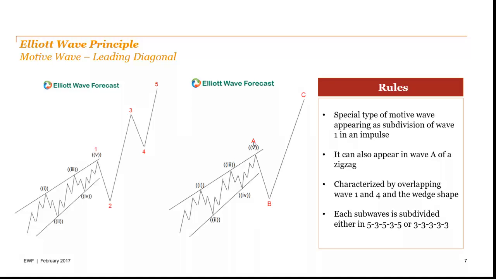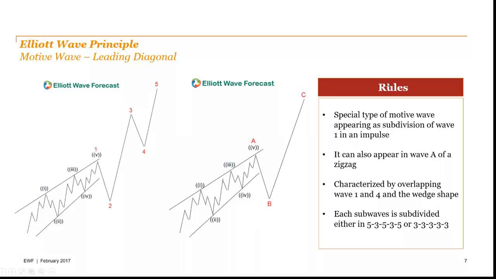Now again, when you see an overlap, don't say, why is it overlapping? You're violating the rule. Don't say that yet. You need to understand where it is happening. If it happens within wave A or wave 1, then you know, okay, it's a diagonal. So it's a special type of motive wave. It looks like a wedge, and it's characterized by overlapping of 1 and 4.